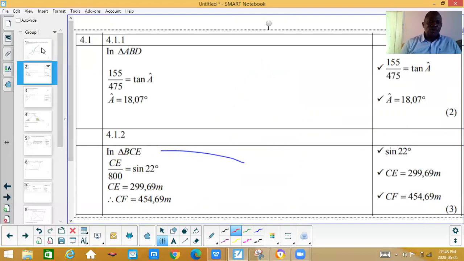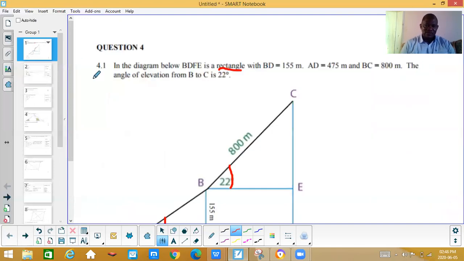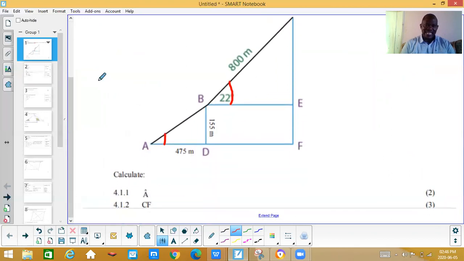Now, you think of the trig ratios that we need to use. Remember, we can use sine, cosine, or tangent. Here you must see which one.